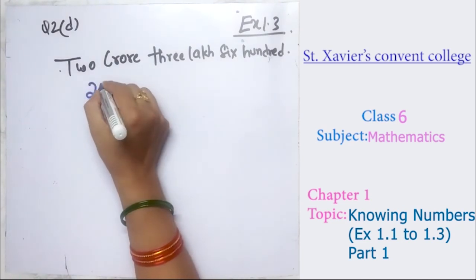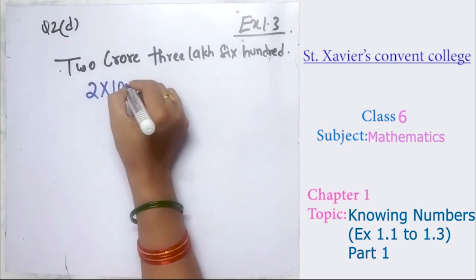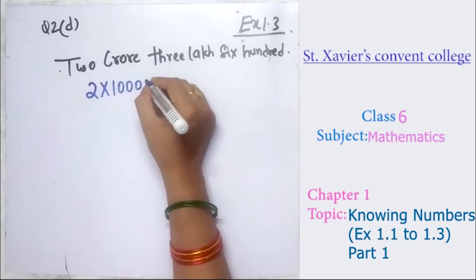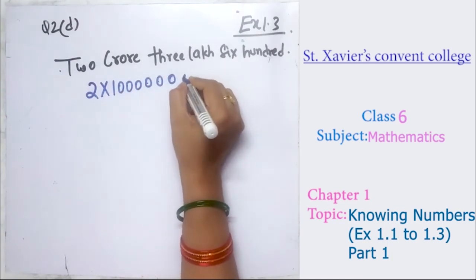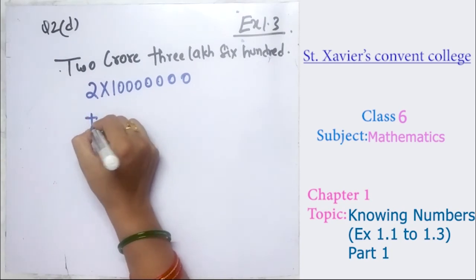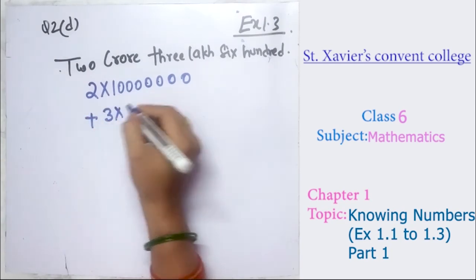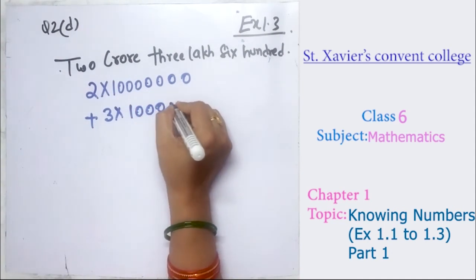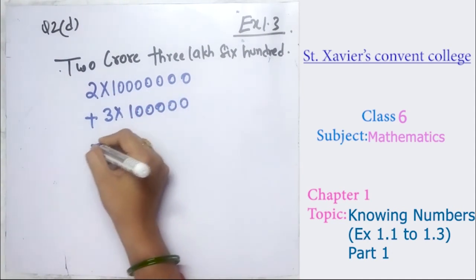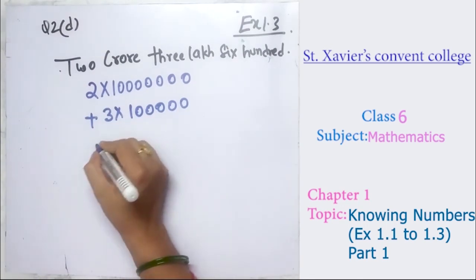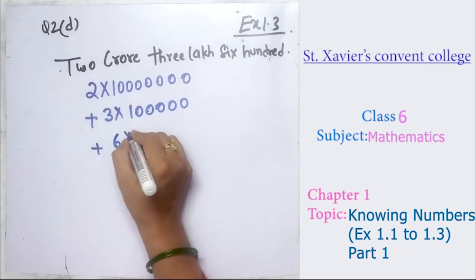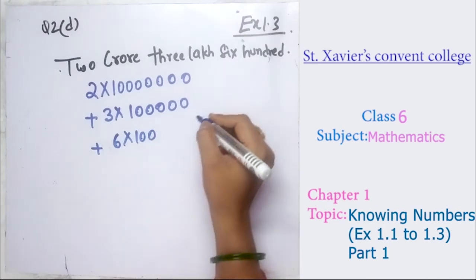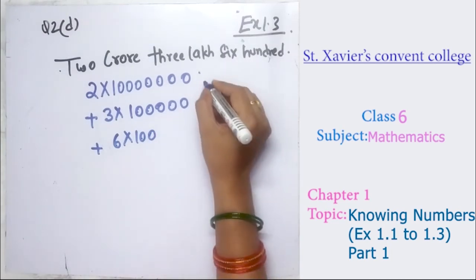If you are having a confusion, 2 into 7 zeros, 1, 2, 3, 4, 5, 6, 7, plus 3 lakhs. The lakh has 5 zeros, 1, 2, 3, 4, 5. And then 600, that is 6 into 100. So how are you going to write this?